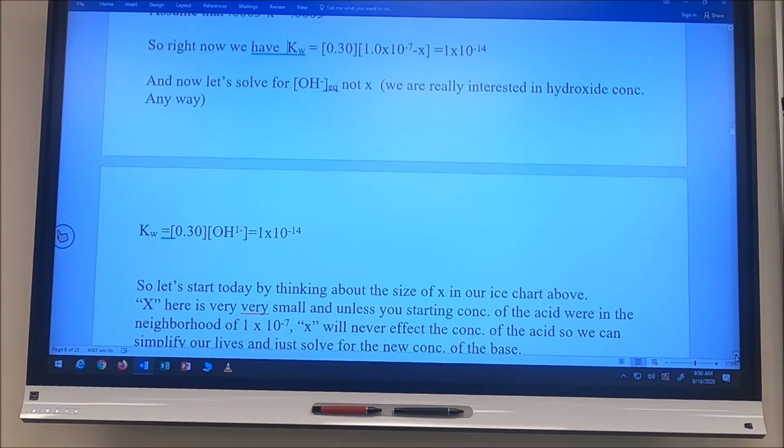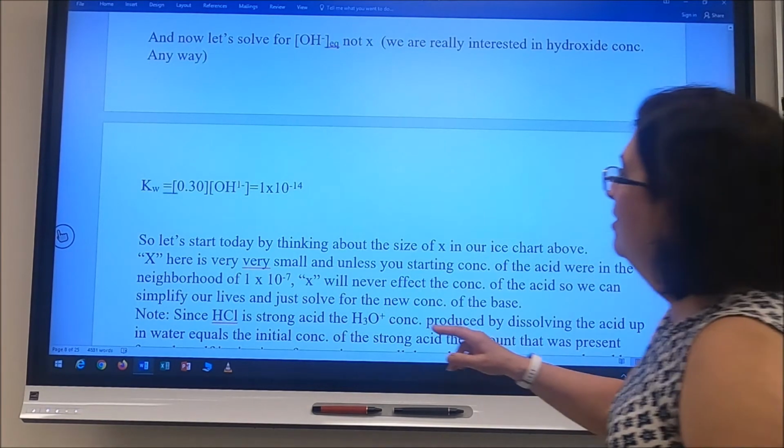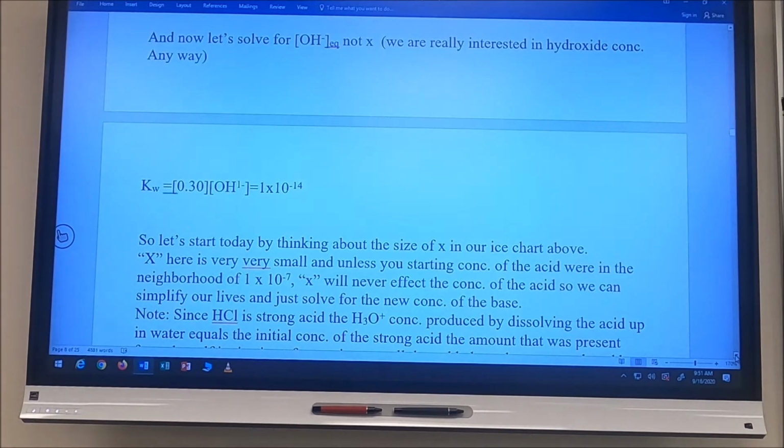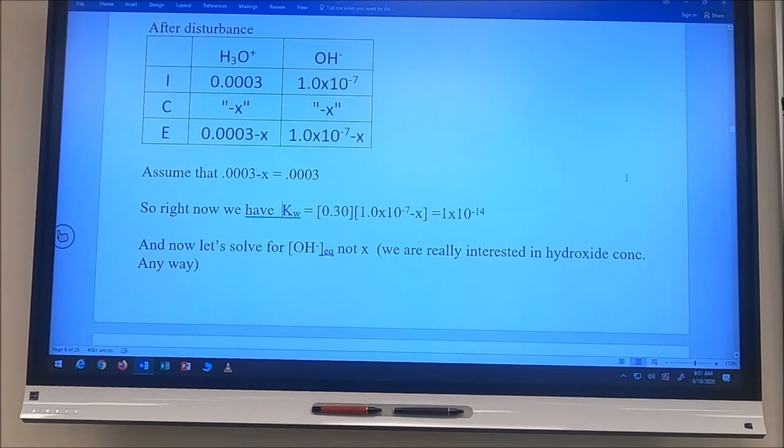Now, I'm really not interested in x so much as I am in hydroxide ion concentration. So if I simplify this down, and I made a typo there, let me fix it. I had a concentration of 3 zeros.